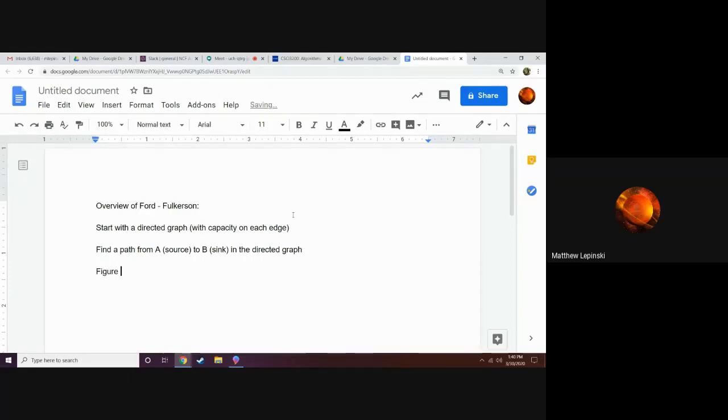Then figure out the max flow for that particular path, which is the min capacity on the path. Then update your current flow numbers to send this amount of flow along the path. Then repeat the loop.